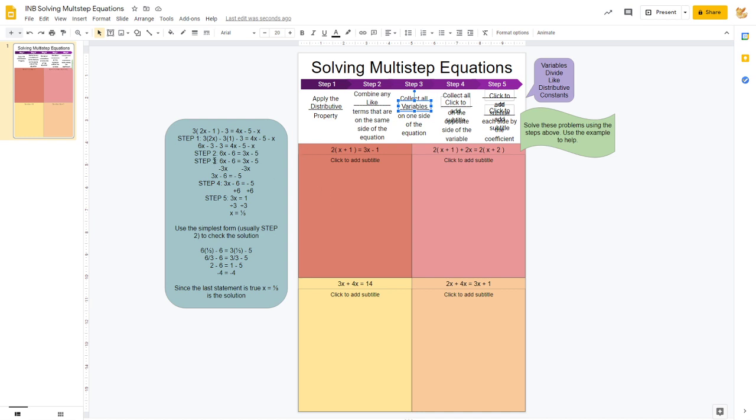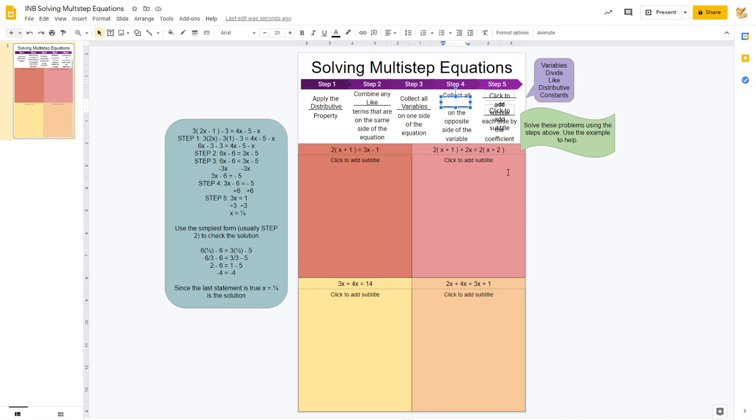If you look here at step 3, you will see that we got rid of the 3x, and what we did on one side, we did to the other. Now, we didn't get rid of the 6x because that would make it negative. And I don't know about you guys, but I don't like negative numbers. So I'd rather just leave the 6x and have 6x minus 6 equals negative 5 than negative 6 equals negative 3x minus 5, because negative numbers tend to make it a little messier.